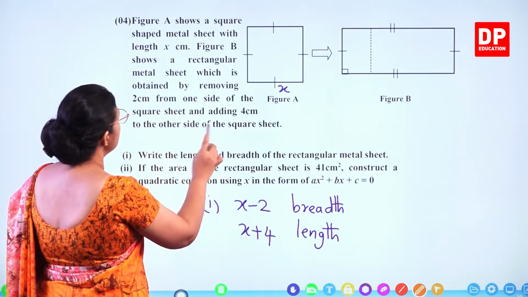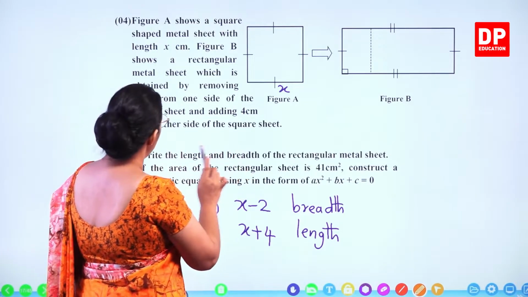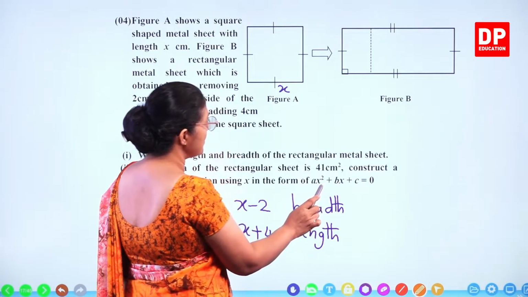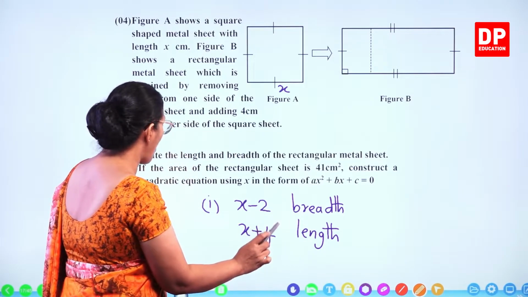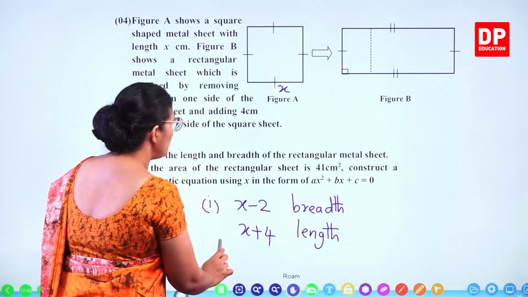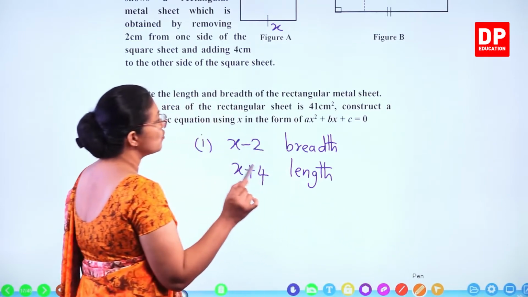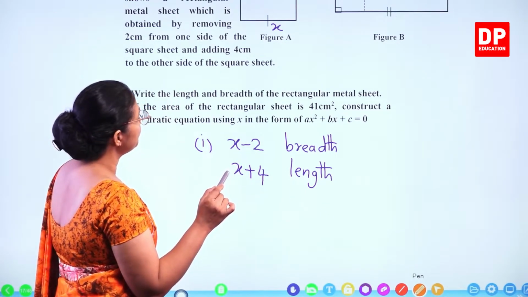And then it says, if the area of the rectangular sheet is 41 square centimeters, construct a quadratic equation using x in the form of this. Ax squared plus bx plus c.